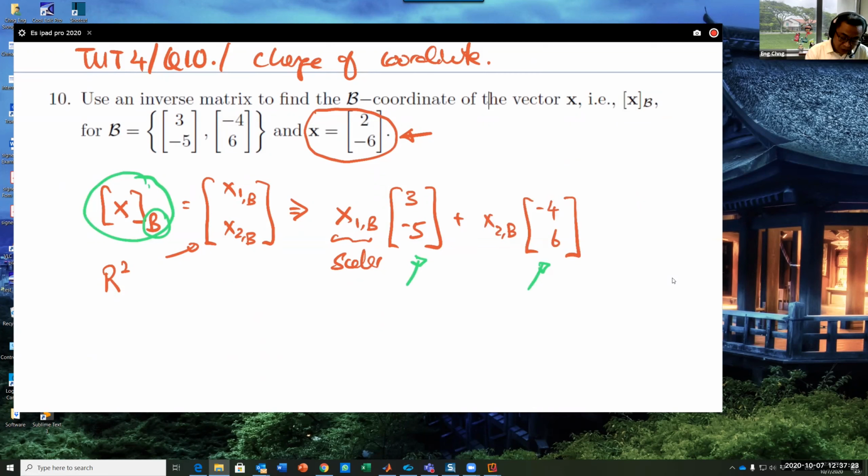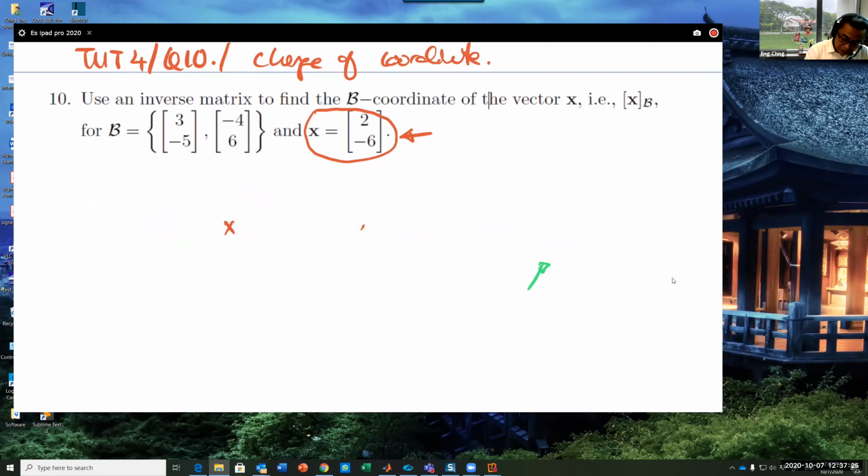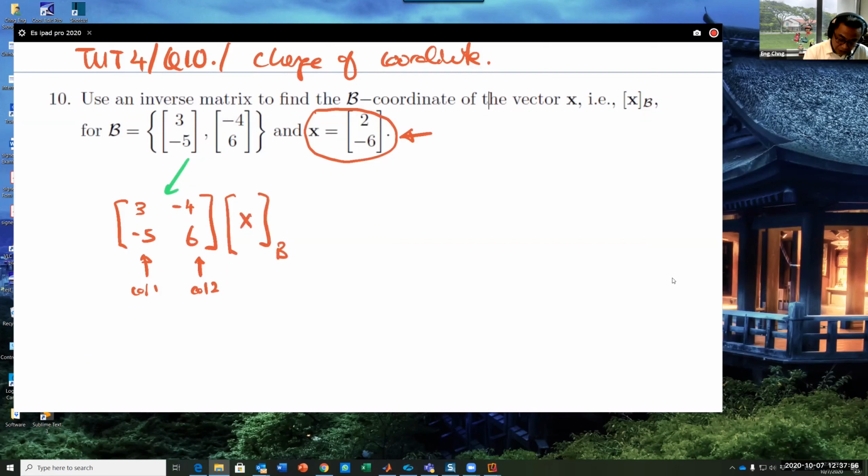All right, once we have understood that, let's see how we can do this question. The idea is we put the B as a matrix, maybe 3, minus 5 here, minus 4 and 6. Remember that this is for column 1 and this is for column 2. And now I am going to multiply by the X value represented by the B coordinate.